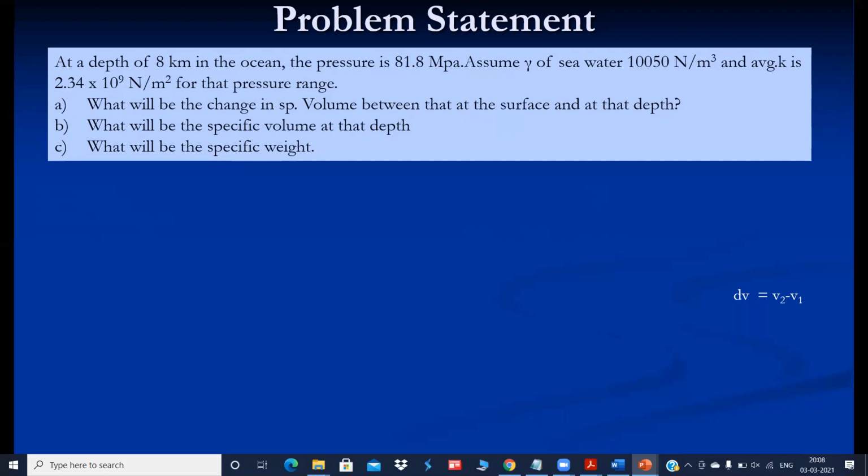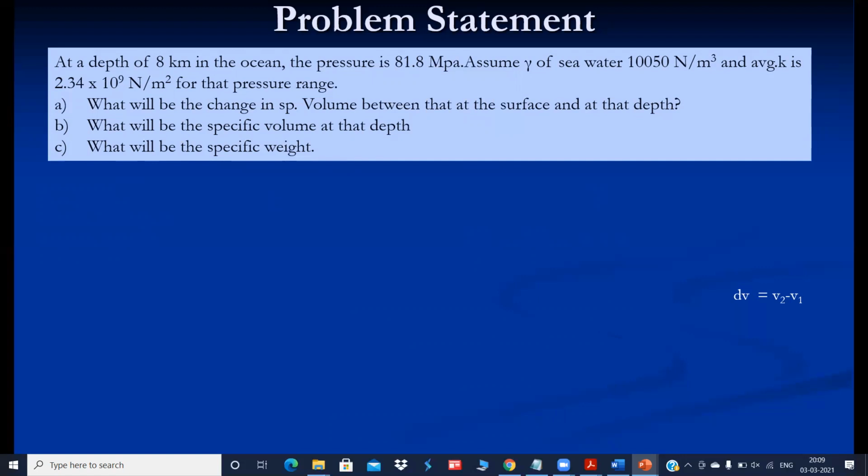Assume the specific weight of seawater is 10,050, and the average K value is 2.34 into 10⁹ Newton per meter square for the pressure range. What will be the change in specific volume between that at the surface and that at depth? What will be the specific volume at that depth, and what will be the specific weight? So these are the three questions asked. Now you can think about it.